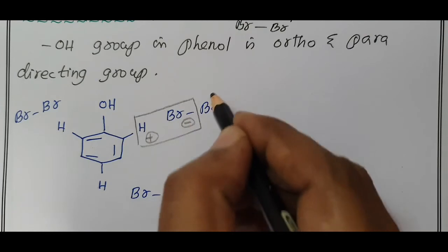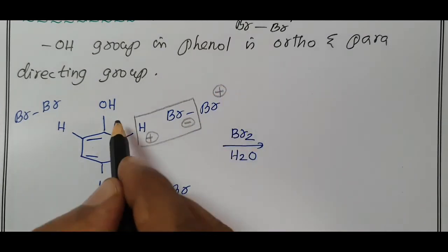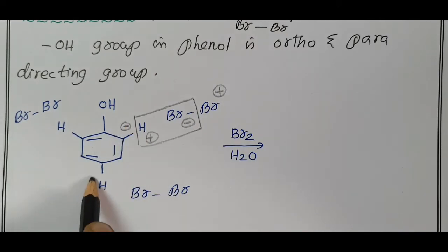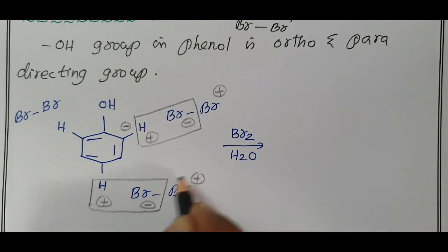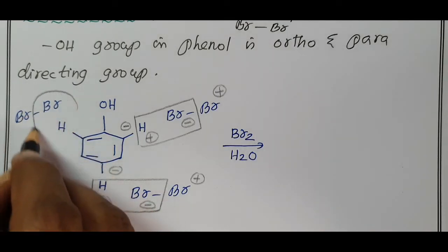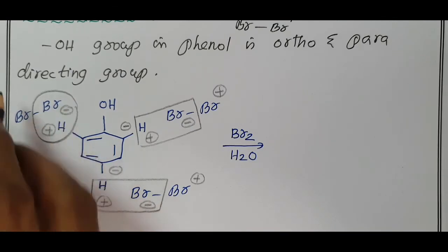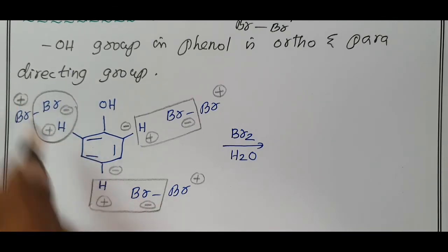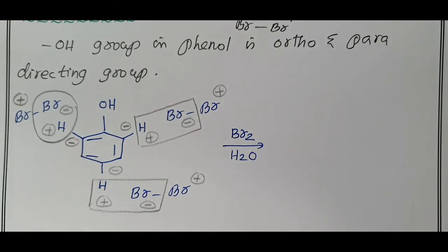If this Br is removed as Br minus, the charge on the other Br is plus. That plus is added to the minus position. The H plus on the para carbon and Br minus are removed as HBr. Likewise for the ortho positions.